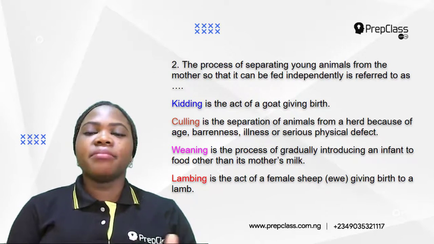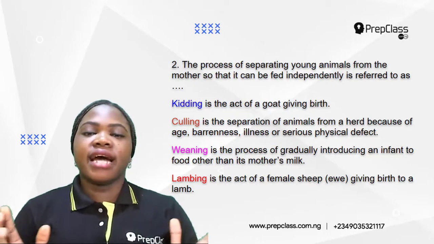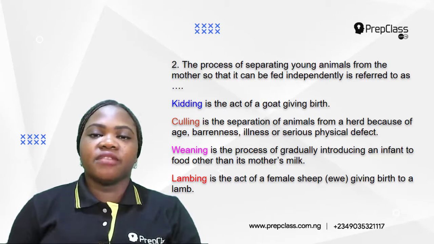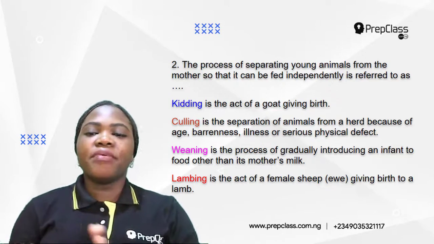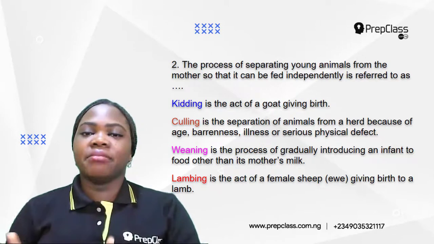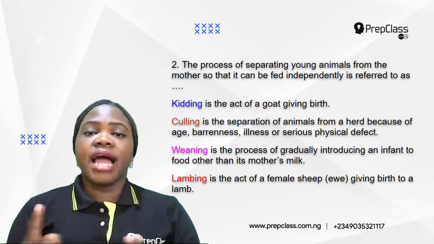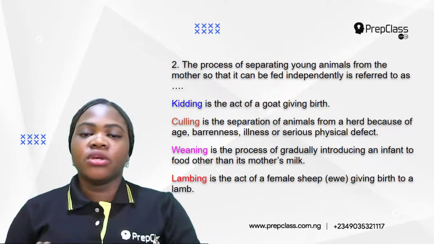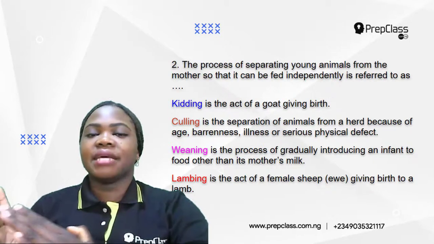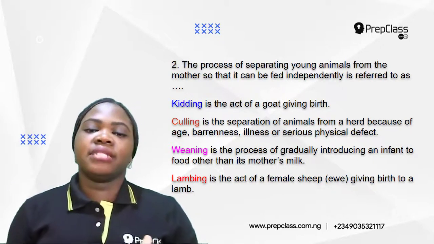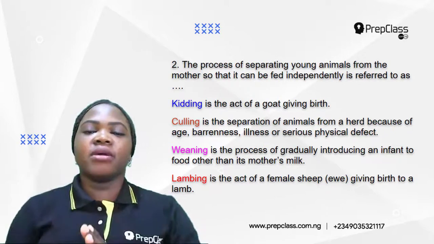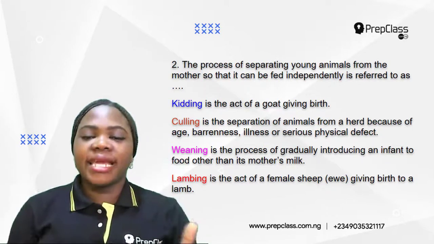So when some animals are sick, or they are too old, or they have some serious physical defect, the farmers separate them from the other animals, especially for the animals that are sick, so that they do not infect the other animals. So this process of separating animals from the other animals is called culling.